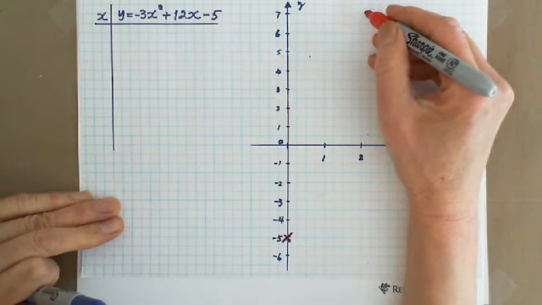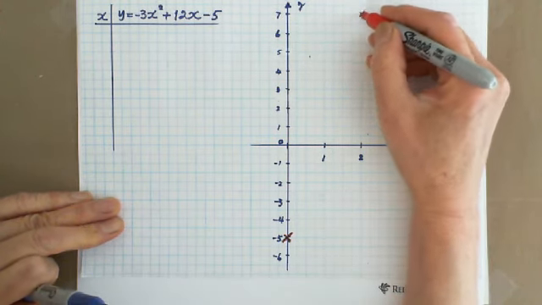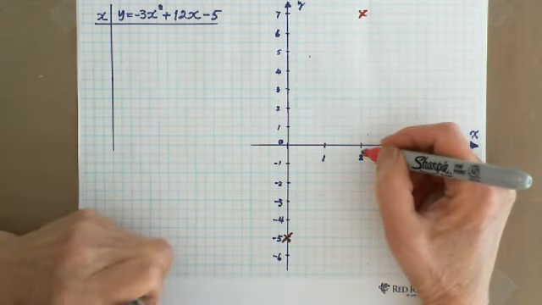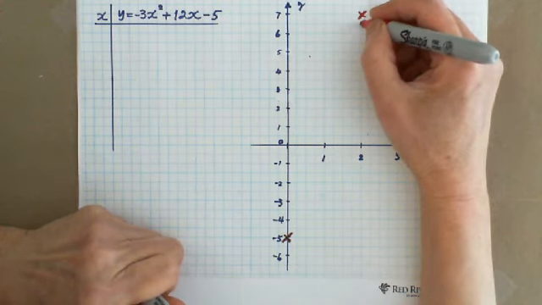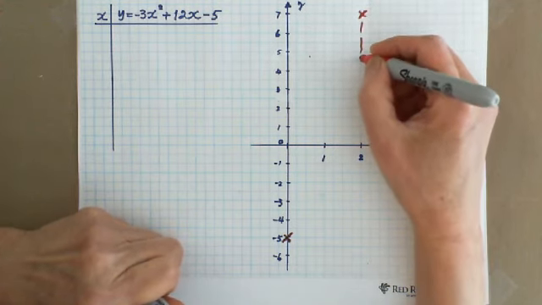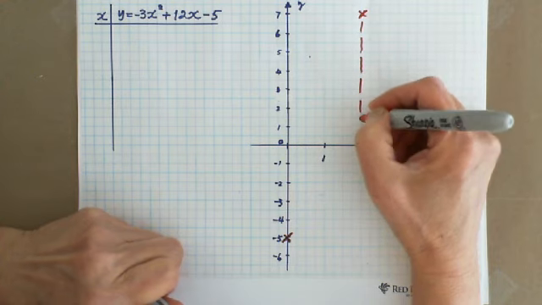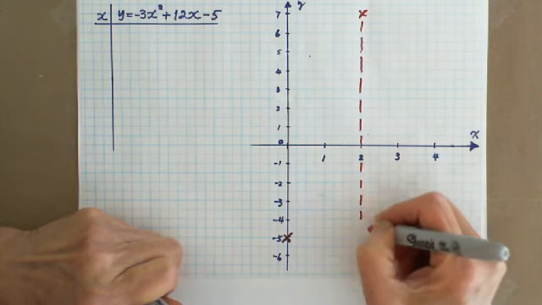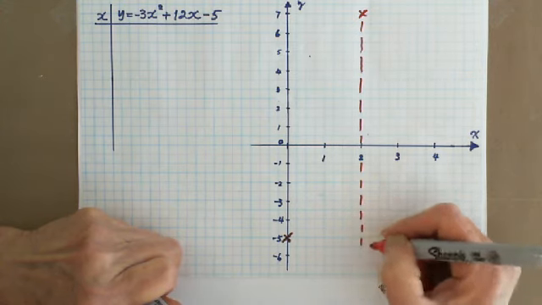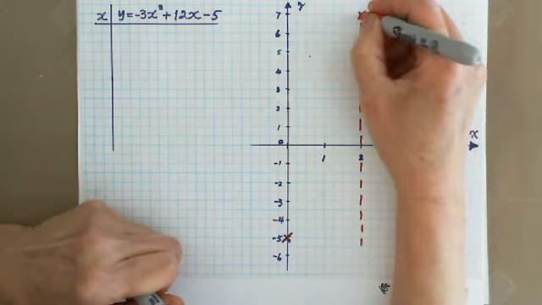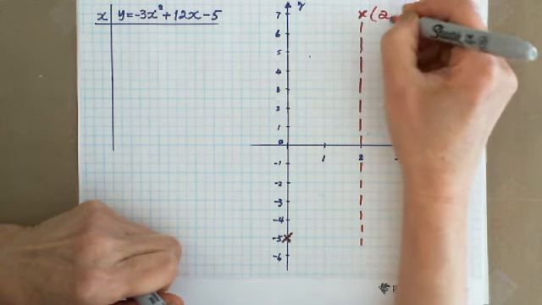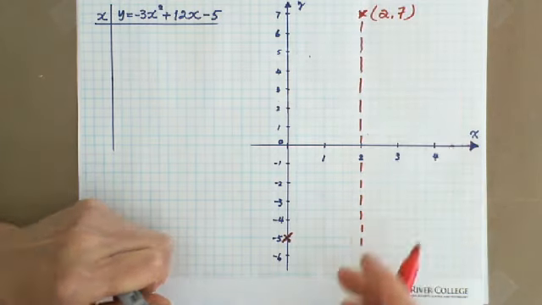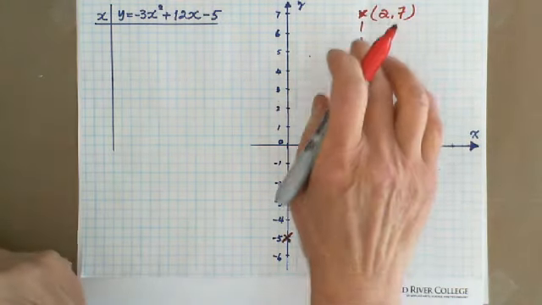When x equals 2, which is the symmetry, the y value is 7 at the top. The vertex in this parabola, because it opens downward, is the maximum value.